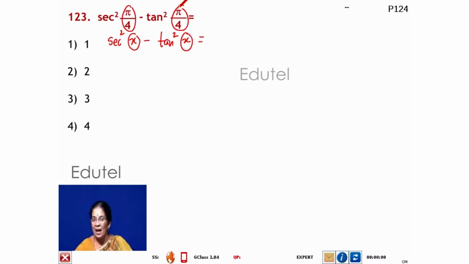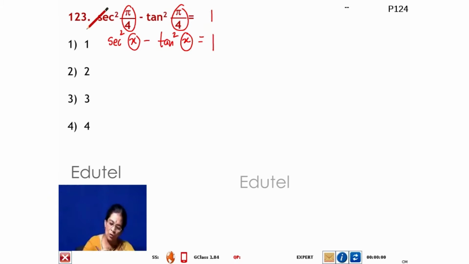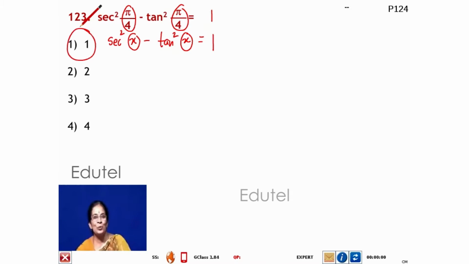So what will be the answer? Yes, the answer will be 1. Secant square x minus tan square x is 1. Secant square pi by 4 minus tan square pi by 4 is also 1. Let us go to the first option.